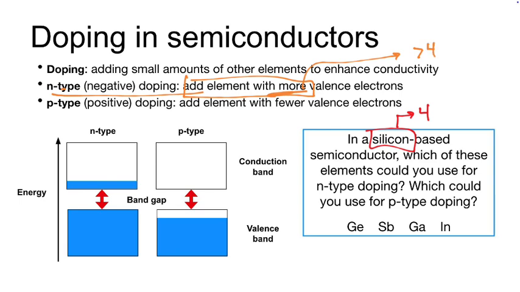Said another way, as one of your colleagues pointed out, anything to the right of silicon is going to have more valence electrons than our silicon. And if we're going to do a P-type doping, we want an element with fewer, so we want something with less than 4. So anything to the left of silicon.